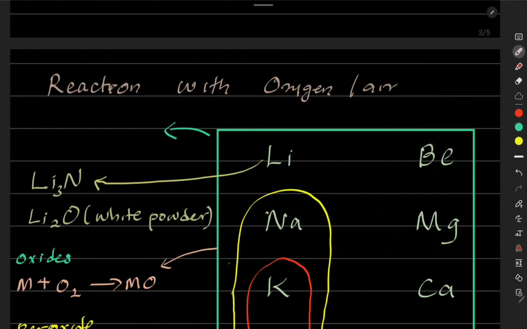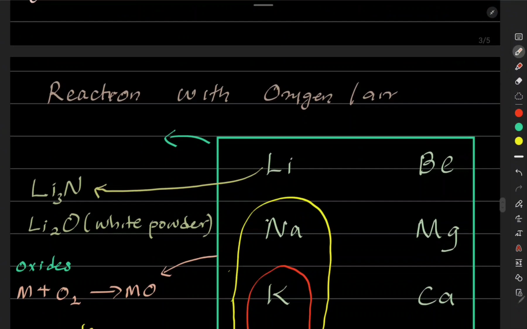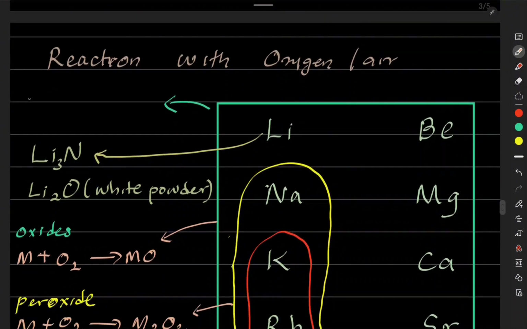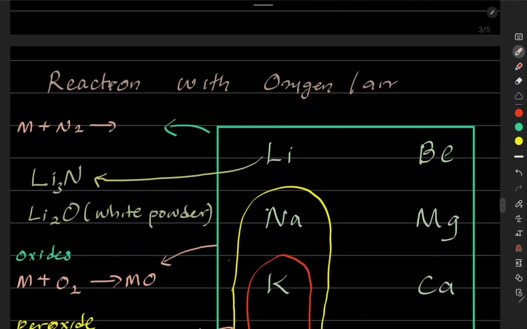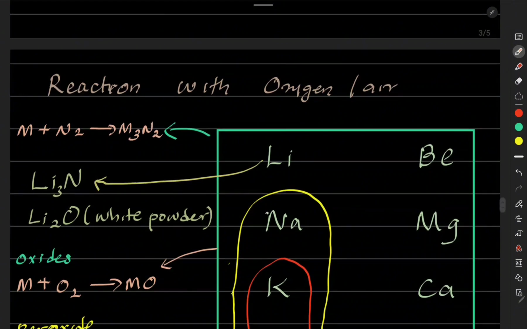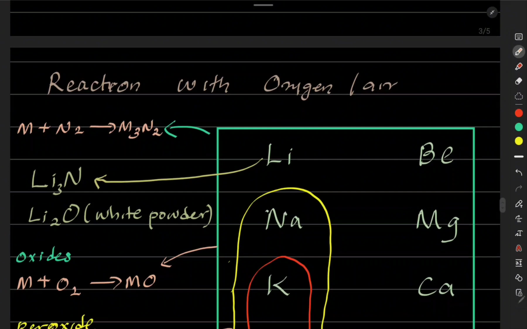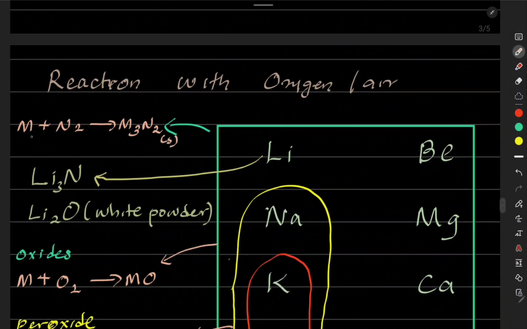For example, metal plus N2 forms M3N2. The metal nitrides are solid.